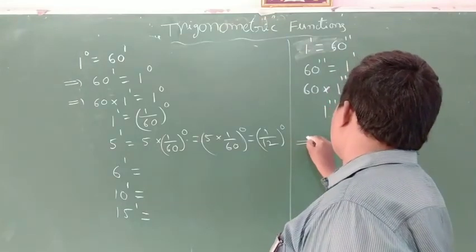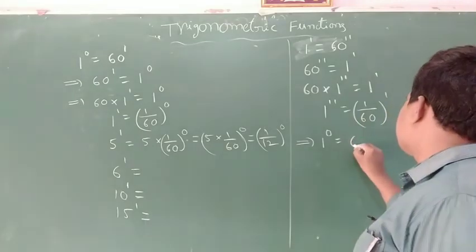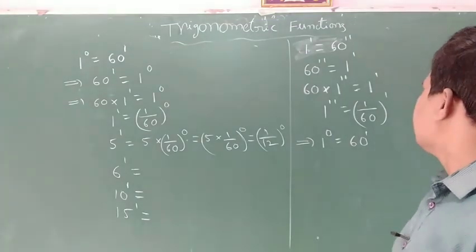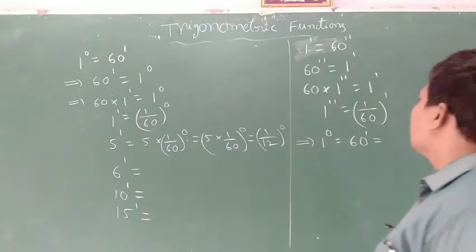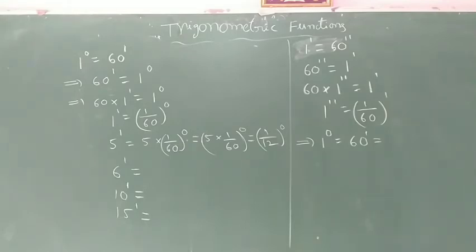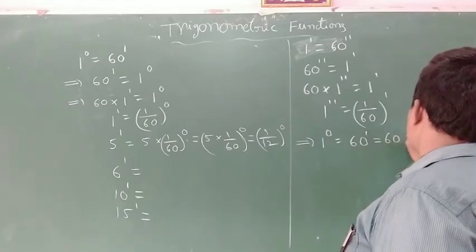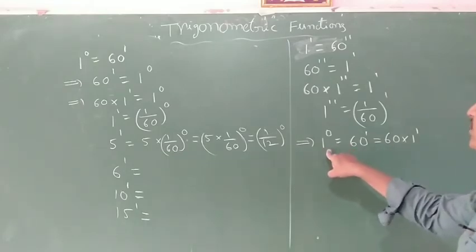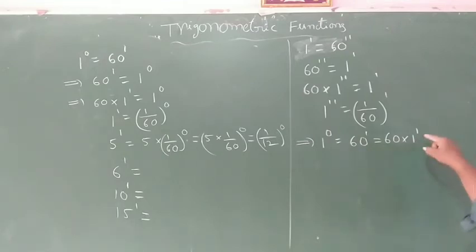So next one. 1 degree is equal to 60 minutes. 60 minutes is equal to 60 into 1 minute.